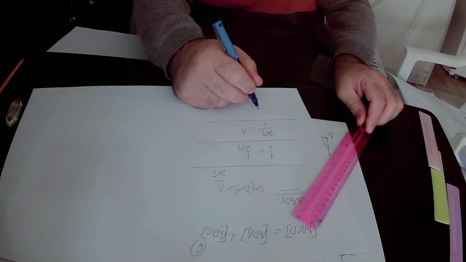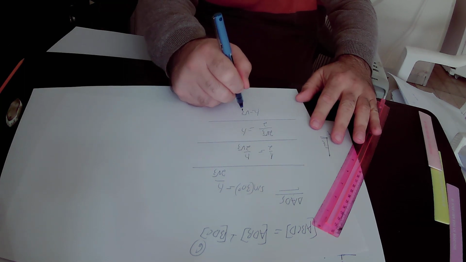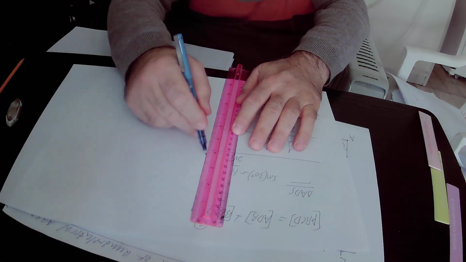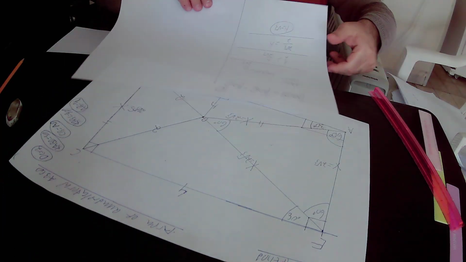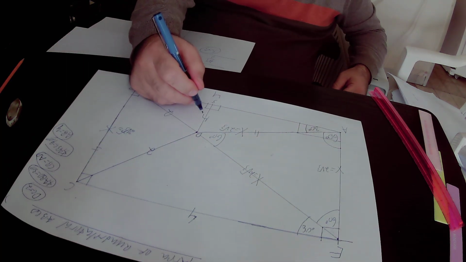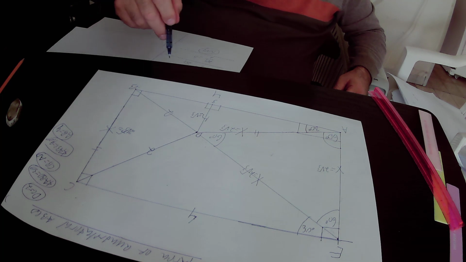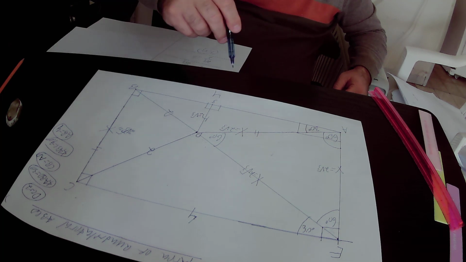So we will get that h equals square root of 3 units. So we found out that h equals square root of 3 units. The height to the base AB of triangle ADB equals square root of 3 units.